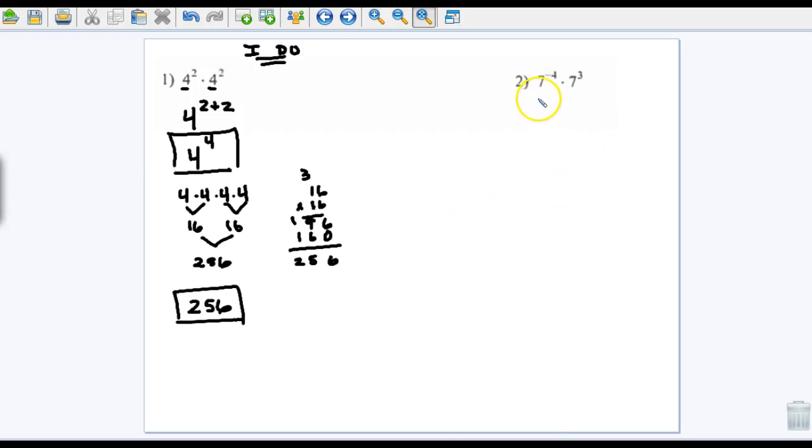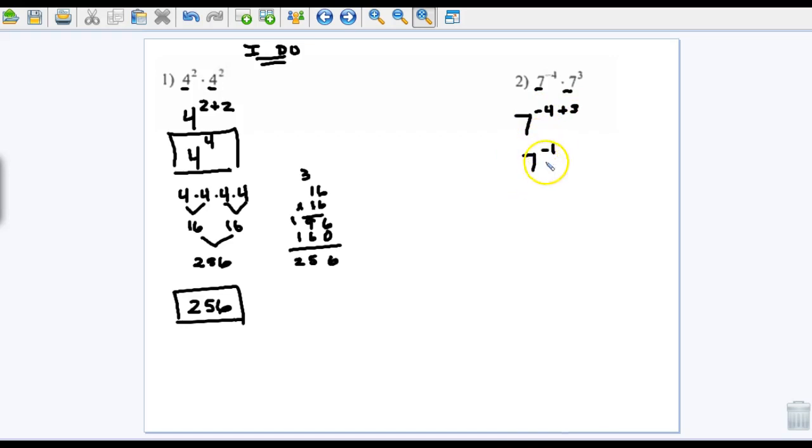All right, here we have another one, and this one does have a negative exponent, so we need to really be careful. Okay? So they have the same base of 7. So I'm going to take my base of 7 and bring it down. I'm going to take my negative 4 and add a positive 3. So negative 4 plus 3 is actually going to give me a negative 1.